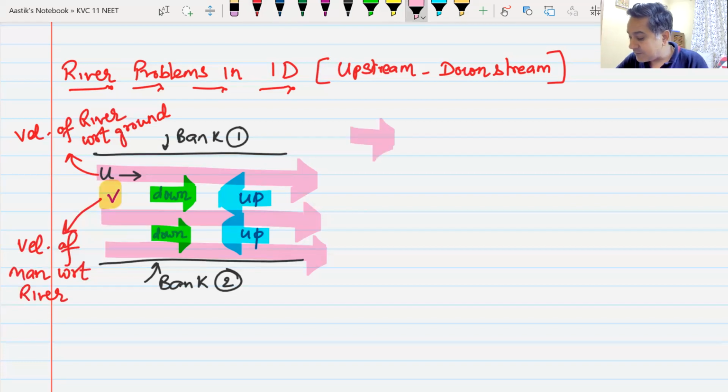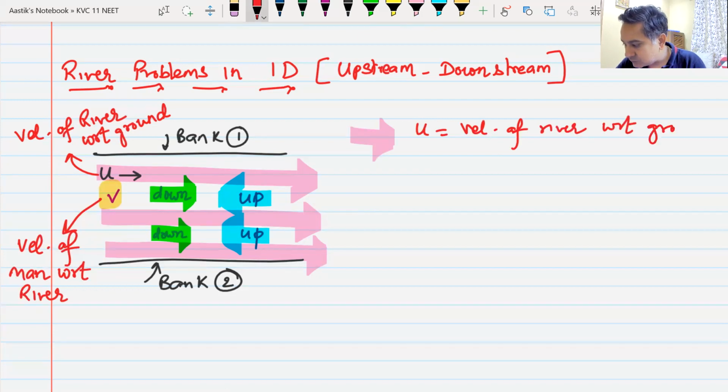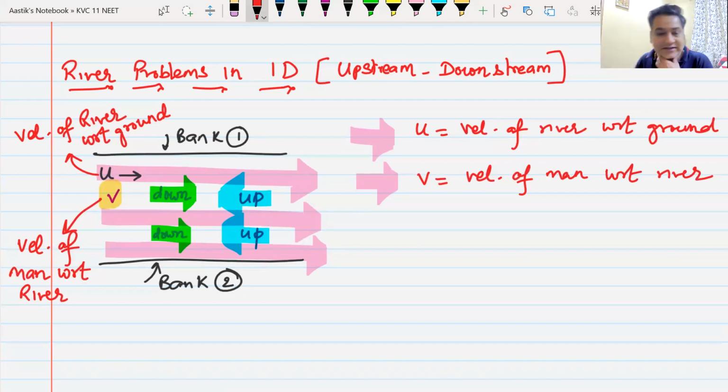Point number one, I am given U, which is the velocity of river with respect to ground. Point number two, what we are given is V, the velocity of man with respect to river. Do we understand this? These are the two things that are normally given to you.